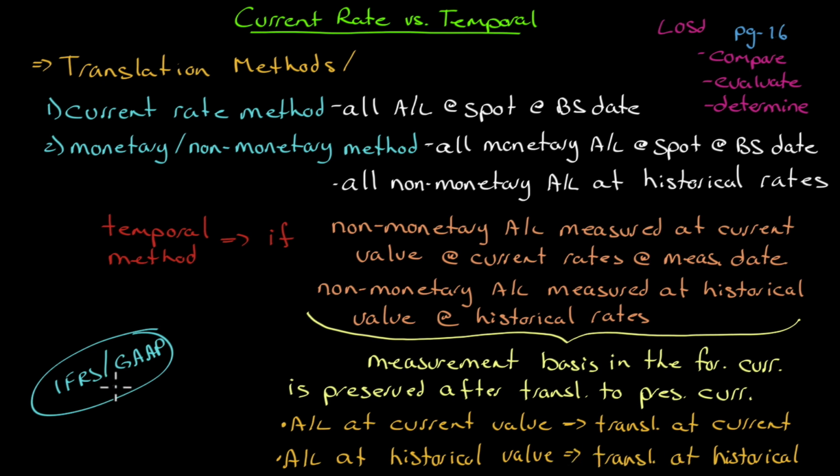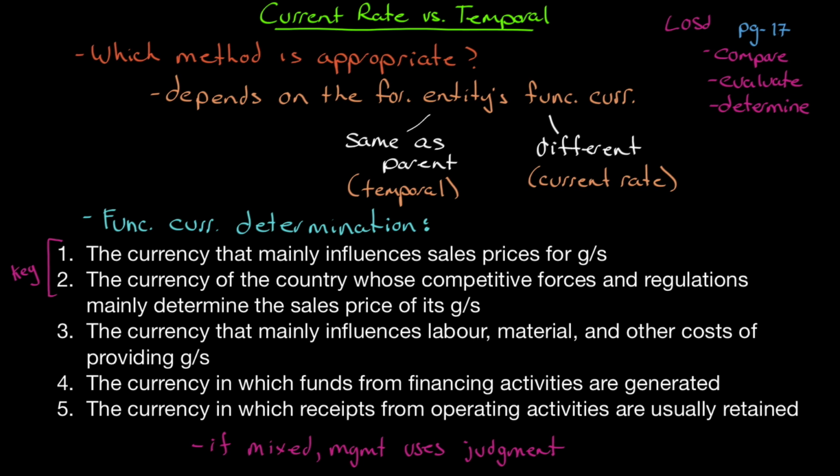So again, you have a current rate method and you have a temporal method. The temporal method is a modification of the monetary non-monetary method. So from here on in, you can ignore the monetary non-monetary method and just focus on a current rate method with one statement and a temporal method with 1, 2, 3 statements. So now let's get to the question of which method is appropriate.